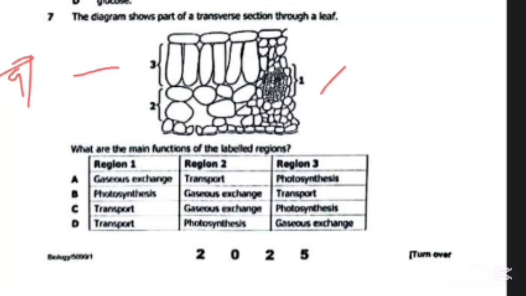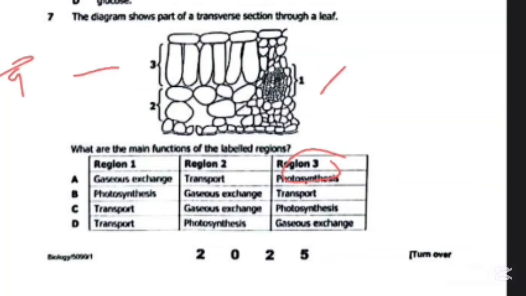So 3 is palisade, and this is where mostly photosynthesis occurs, because this is where the chloroplasts are many. So region 3 is responsible for photosynthesis because it contains a high concentration of chloroplasts in palisade cells.